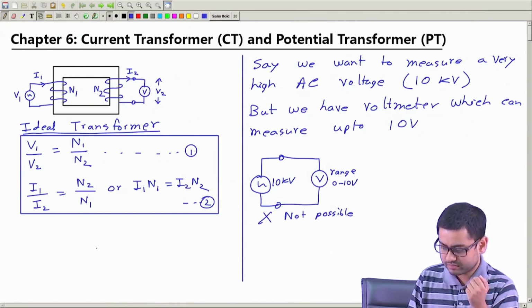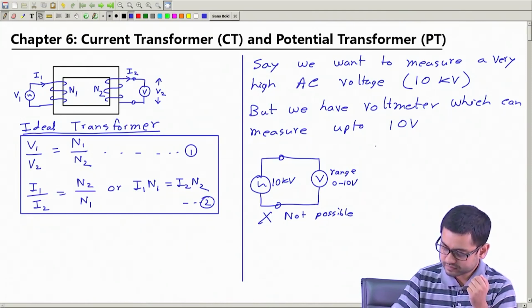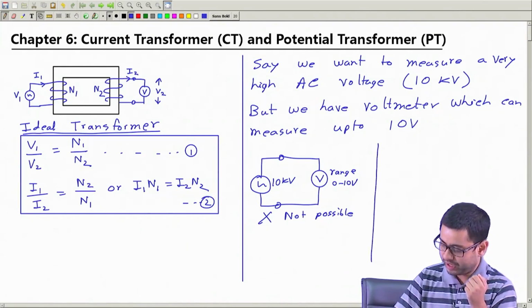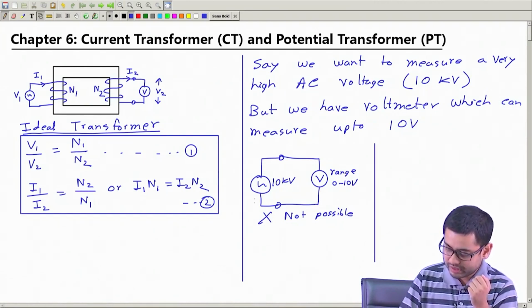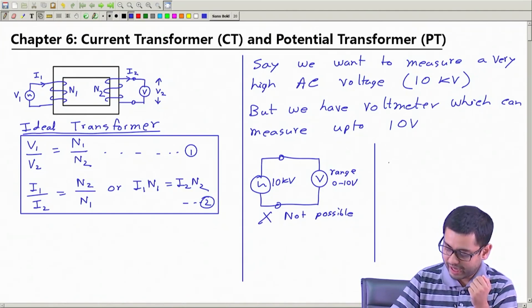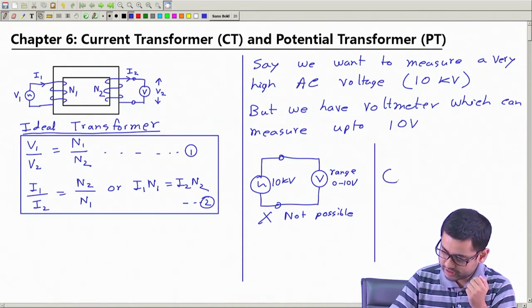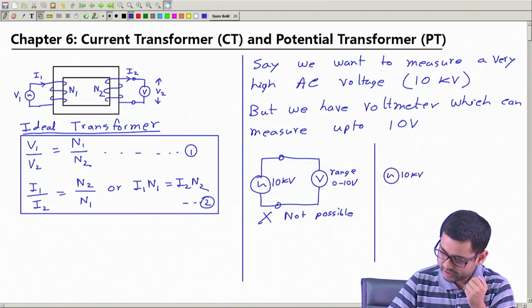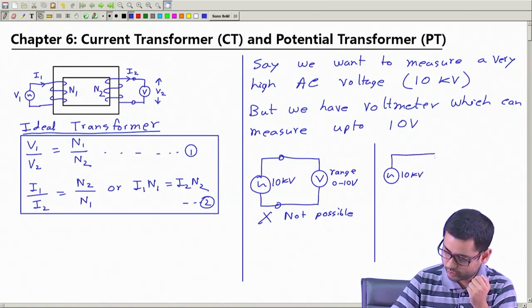Now, what can we do? We can use a transformer to step down this voltage to a lower voltage, and then we can measure it. So, this is the source which is 10 kilovolt. Let us connect this to a transformer.